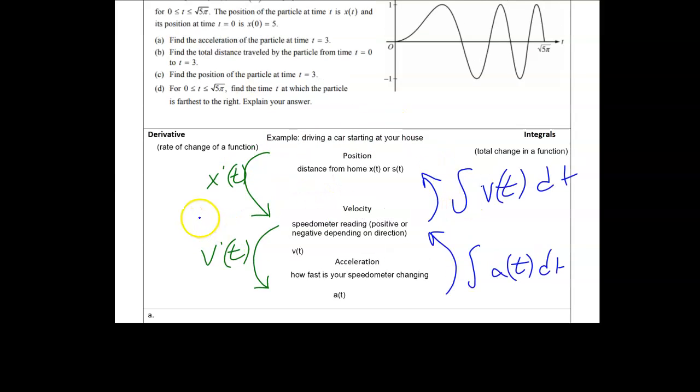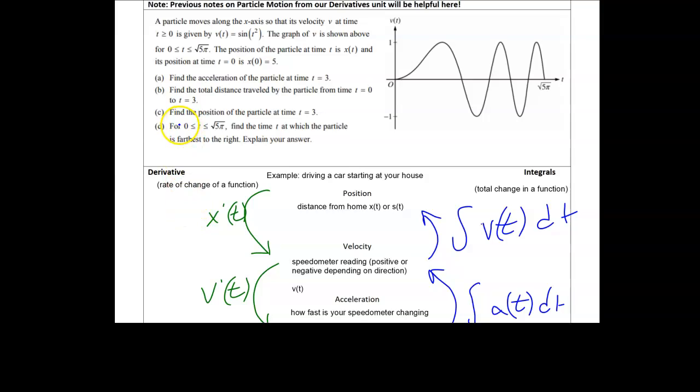Okay. So now we have enough information to tackle this FRQ. Make sure you've read the whole thing, both the little stem here and questions A through D. Note that we have velocity given here, and I would also annotate that velocity is the graph. So the graph is the function that we're given.